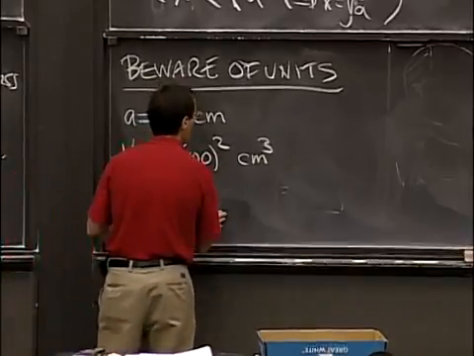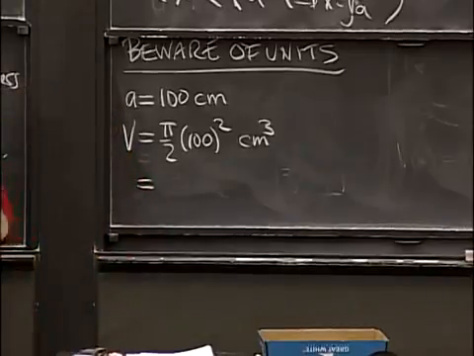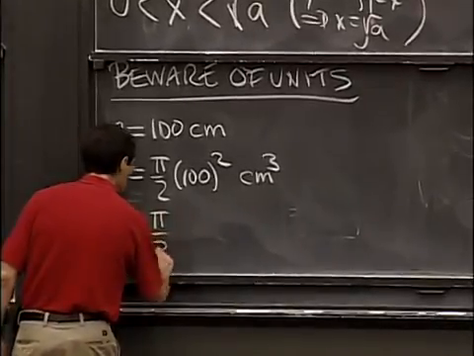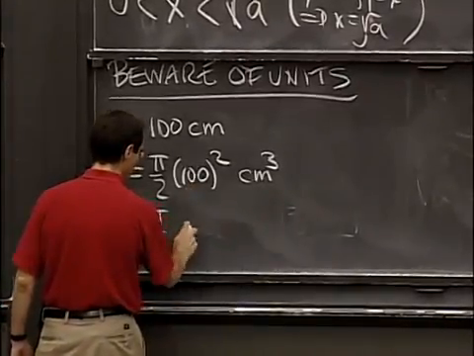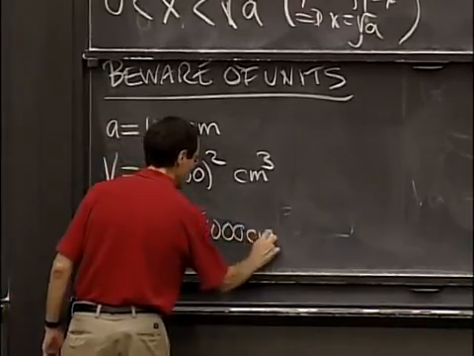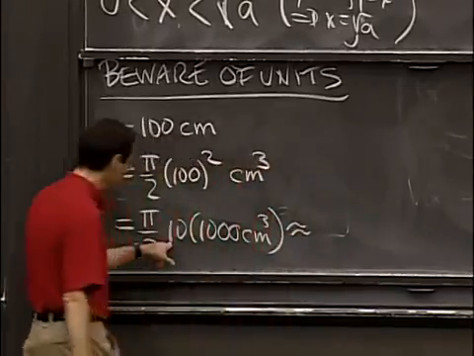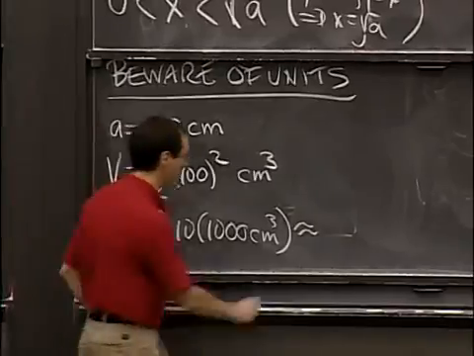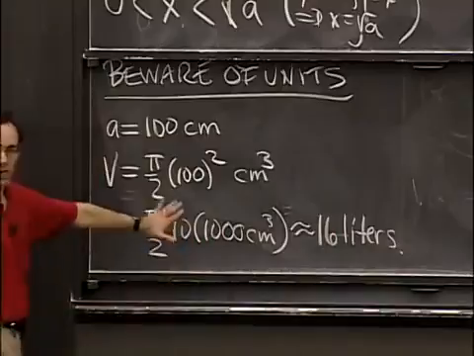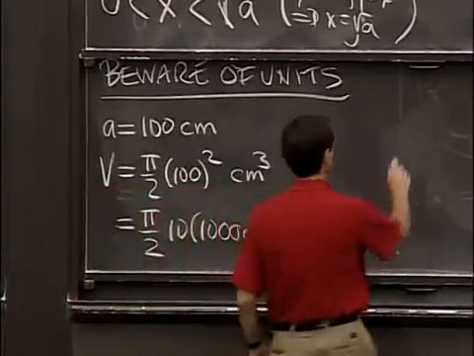Now, if you work out what the volume of this cauldron is, what you find is that it's pi over 2 times 10 to the 4th power, which is 10 times 1,000 centimeters cubed, right? And those are otherwise known as liters. So this is approximately 10 pi over 2 liters, which is about 16 liters. And so that's how much was in the cauldron under this choice of units.